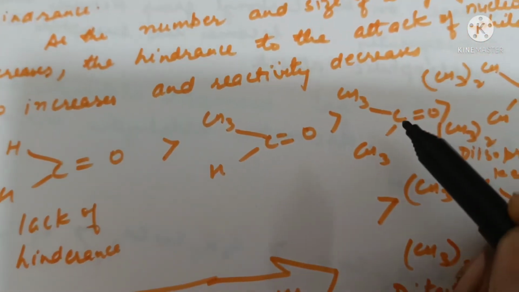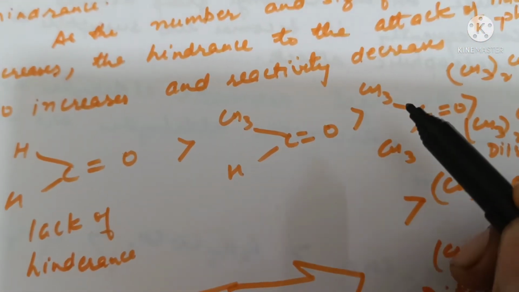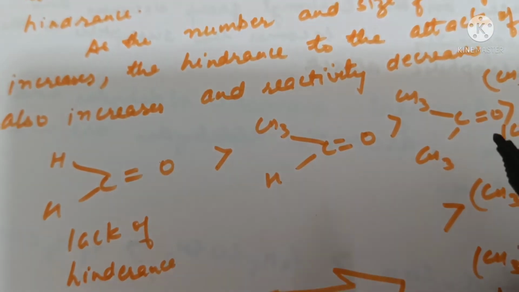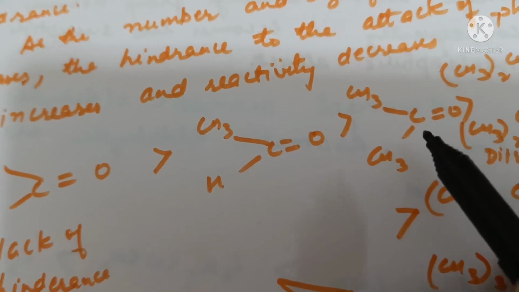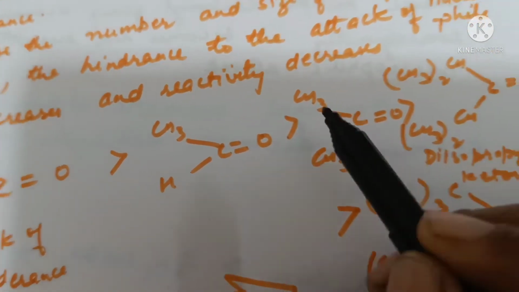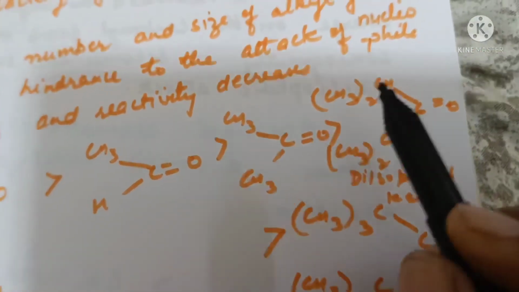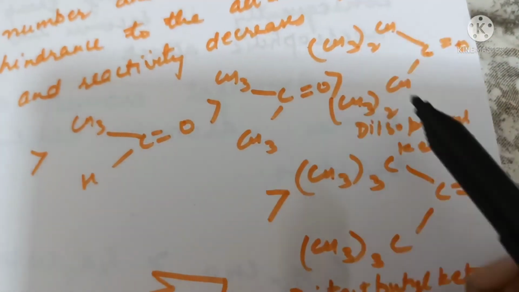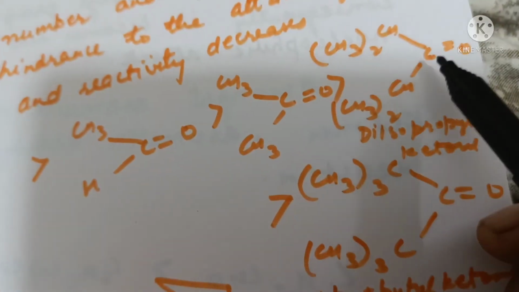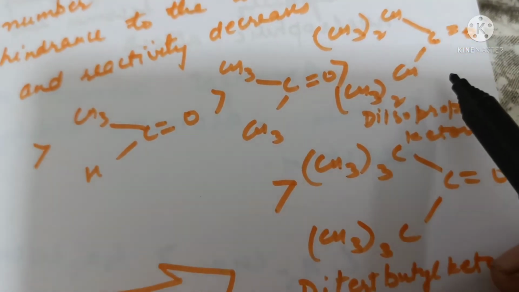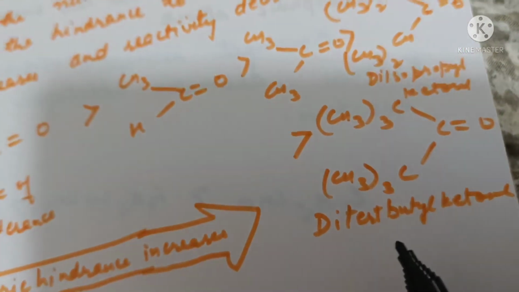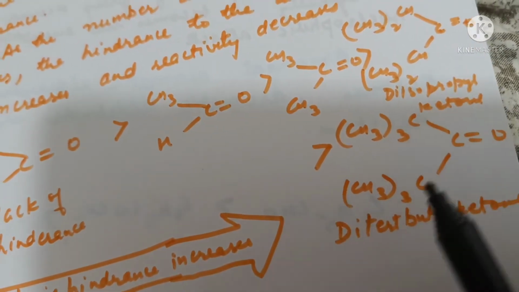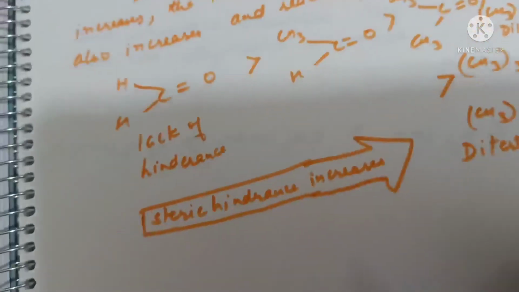In case of ketone, there are two such bulky alkyl groups, so the hindrance is still further increased and reactivity decreases. When the group becomes bulkier, for example, when a secondary alkyl group is attached, hindrance is increased and reactivity is further decreased, and the least reactive will be di-tertiary butyl ketone because it's offering maximum steric hindrance.